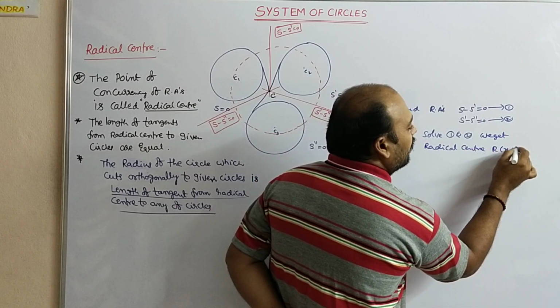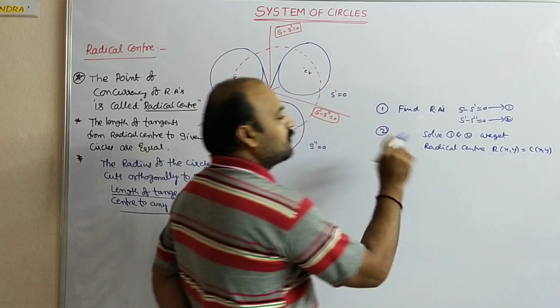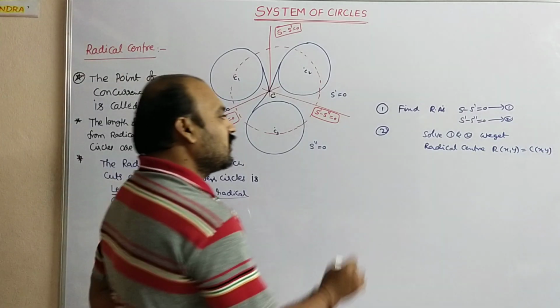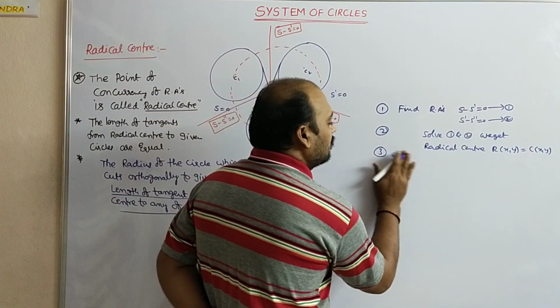Call it R of x comma y or C of x comma y, anything you can take. Step 2 is solving the equations. The third one is the length of tangent, or the radius of the circle.